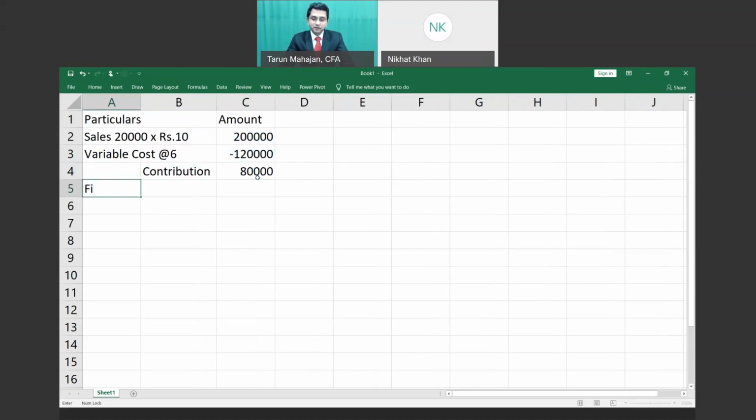Then I deduct fixed cost, and fixed cost is say 40,000 rupees. So that way, I'll get profit. This profit is before interest and tax, and that's why it is named as EBIT, earning before interest and tax. This EBIT is 40,000 rupees.